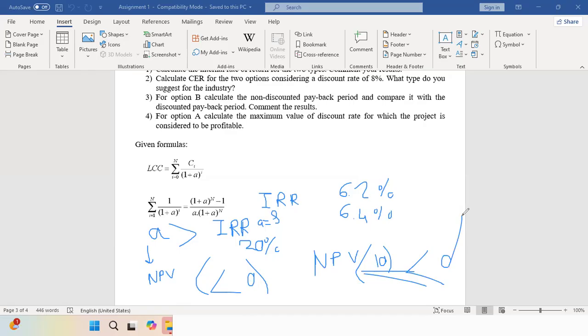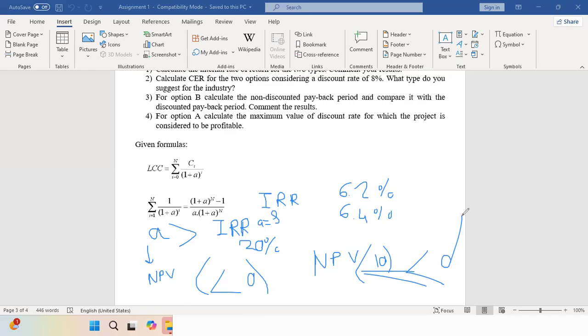And the maximum NPV, which is at year 10, is negative. This means that for all other years, NPV is negative. Okay, that's why you can directly say I don't have a discounted payback period. It doesn't exist, because if I take the whole lifetime, I will still have NPV negative.